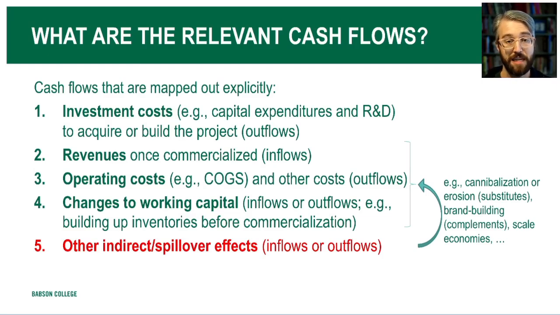So it could be that either because there's a direct complementarity between the products, we've got one and now we want the other. I buy shoes and now I want to buy the matching handbag. It may also just be through things like brand building. So when there's complementarities, we want to think about positive or indirect spillover effects and include the related cash flows in an assessment of whether the project is worth doing.